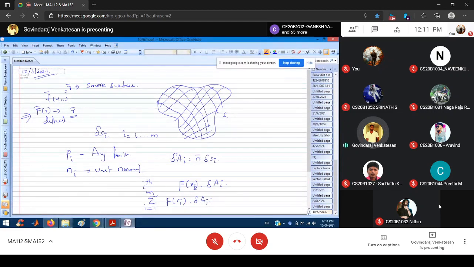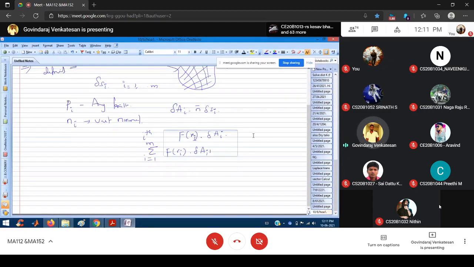So it is not necessary to divide the region into a fixed m number of regions. Okay, so take m tends to infinity. So the summation becomes the integration. So it is the integral over the total surface of the vector F of ri dot product with delta Ai.